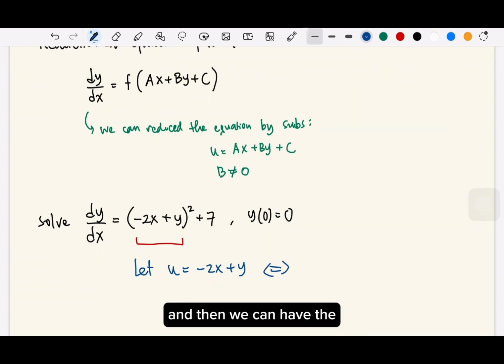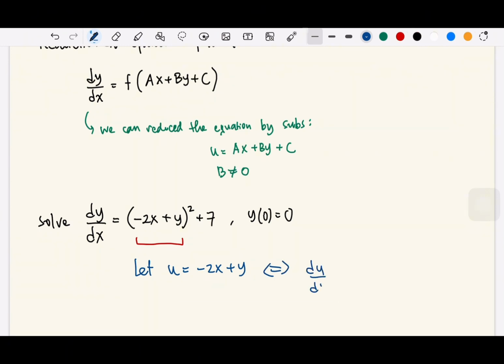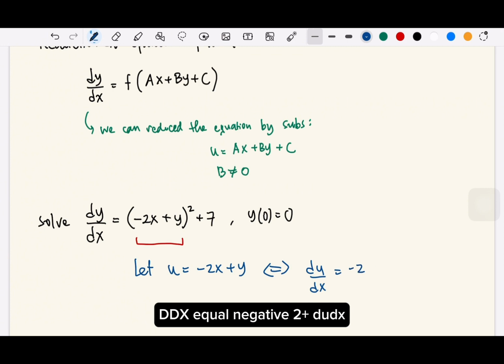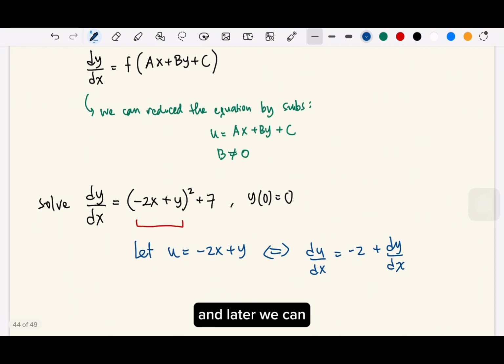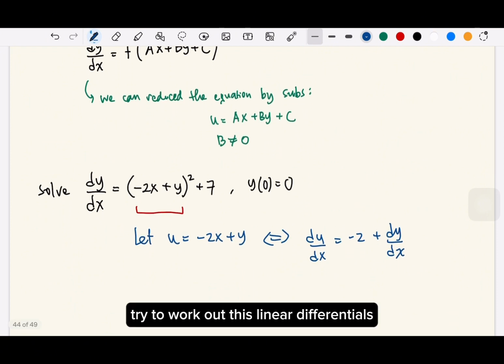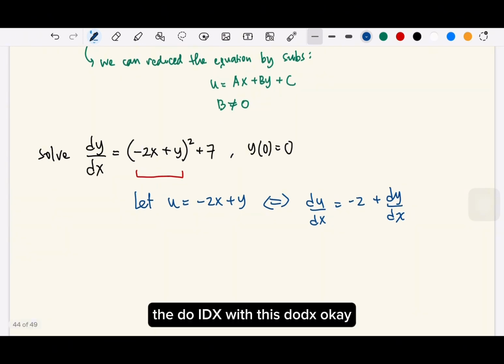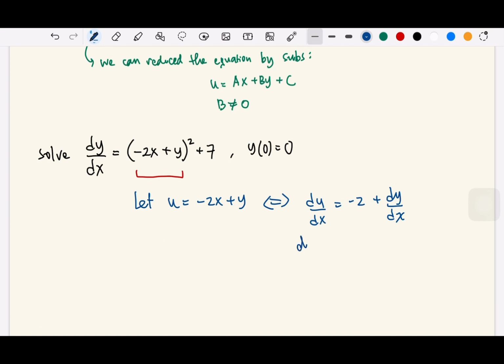And then we have du dx equal negative 2 plus dy dx. Okay. And later we can work out this linear differential, and then we can substitute the dy dx with this du dx. Okay.